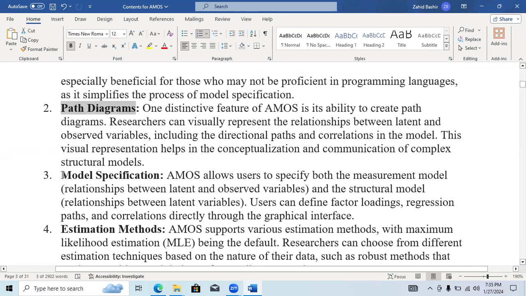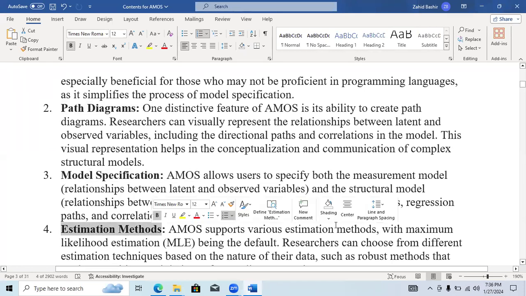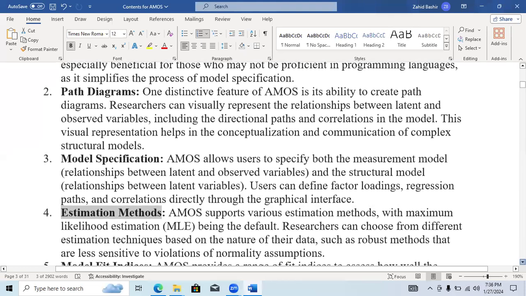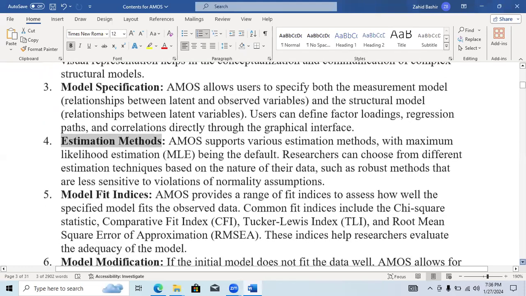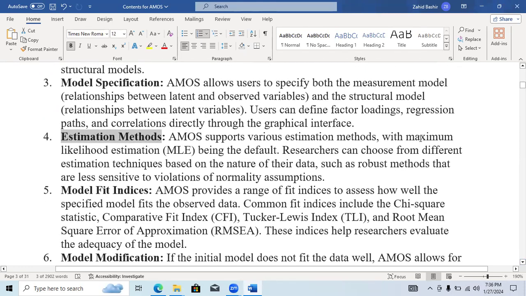It would provide you a lot of features in terms of model specification. It would provide you a number of options for estimation of your relationships. One of the important methods used in Amos is maximum likelihood estimation, which is the default function.